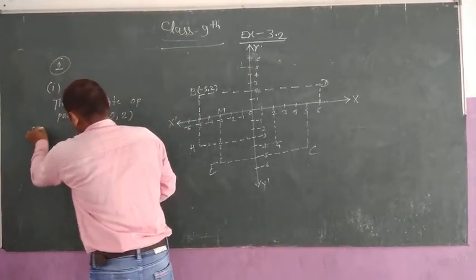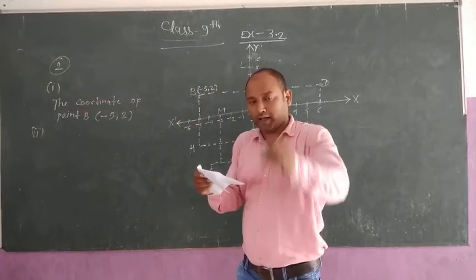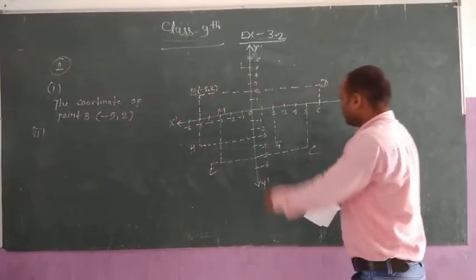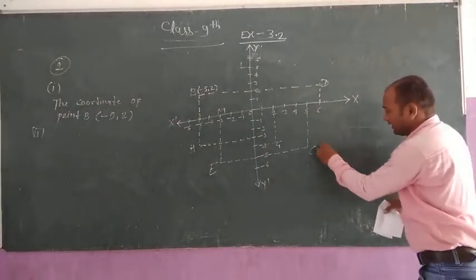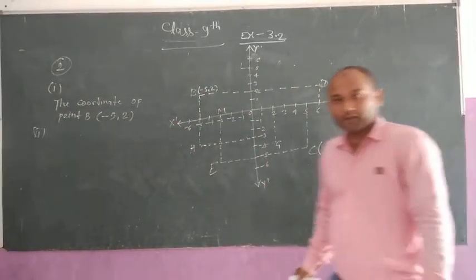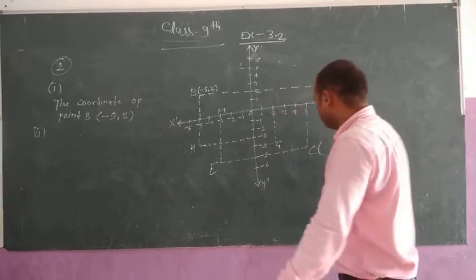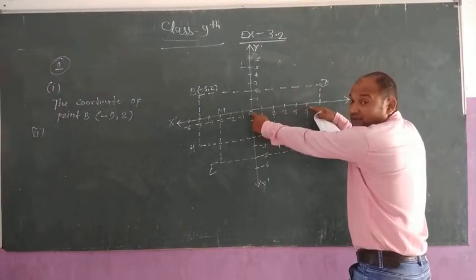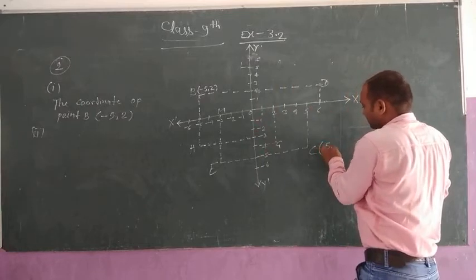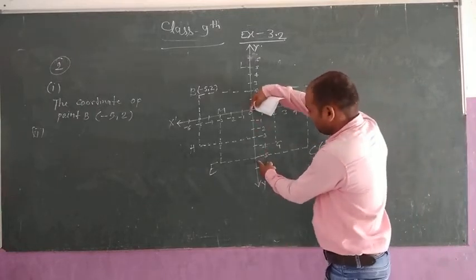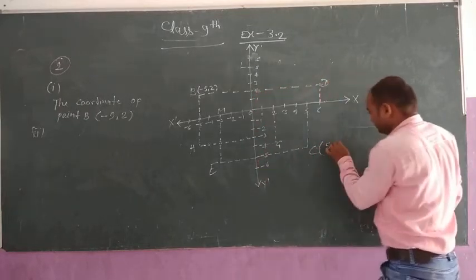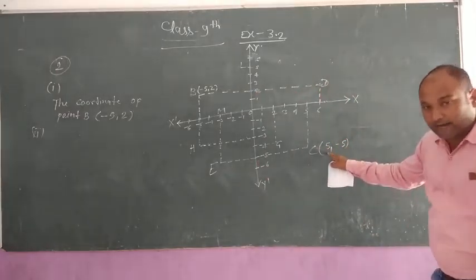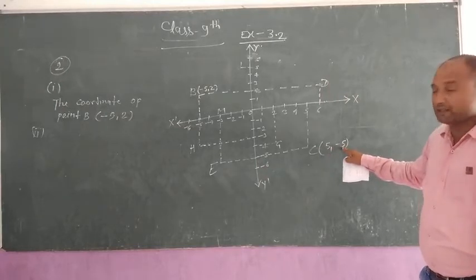And question number second. The coordinate of point C. C is this point. The x coordinate is 5 and y coordinate is minus 5.